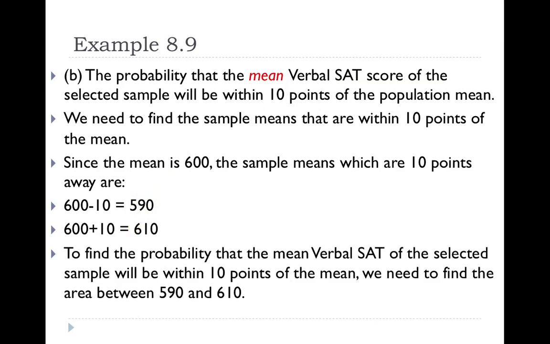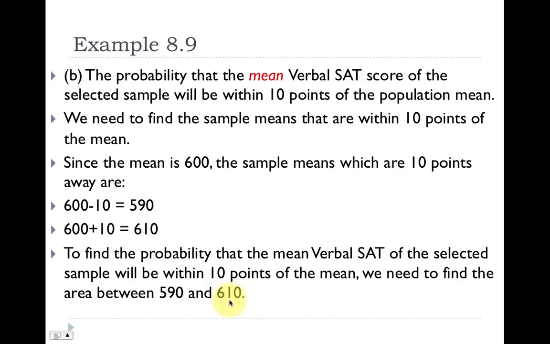So let's make a picture. We have to find the probability that the mean verbal SAT score of the selected sample will be within 10 points of the mean. That's the same thing as asking what's the probability that the mean verbal SAT score is between 590 and 610.